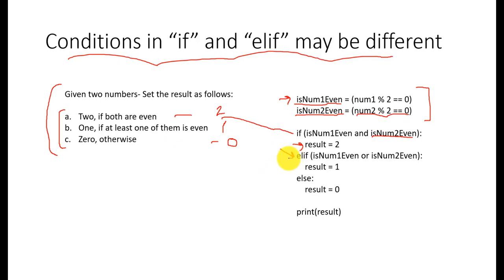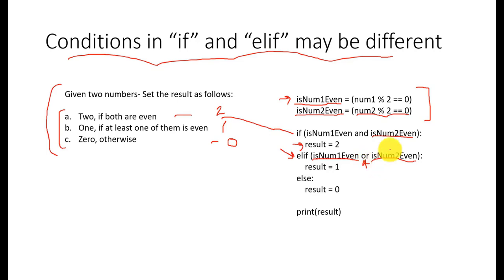If both are not even, then we come to this elif block, right? And if both are not even, then we need to check whether at least one of them is even. Now, how do we check this? Through this elif statement. Here we first check whether the first variable is true or the second variable is true.